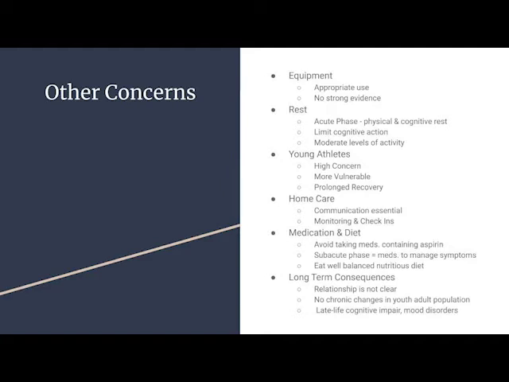However, there is no current literature or strong evidence to support that equipment is a means of concussion prevention. Helmet use can reduce the risk of a more serious head and brain injury. However, there's yet no evidence to support prevention.